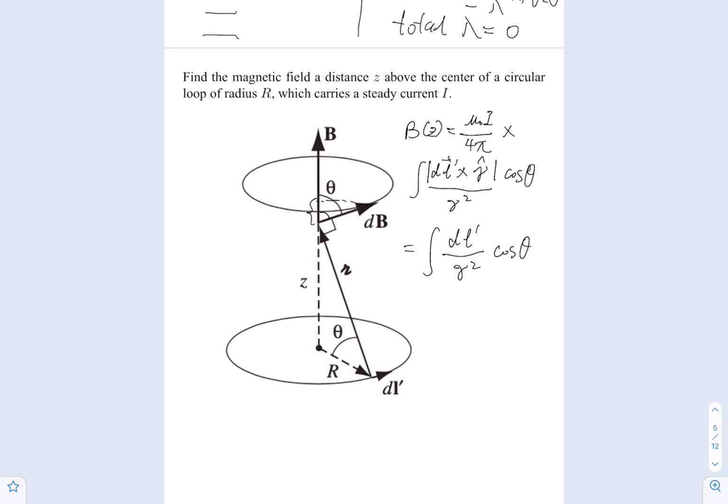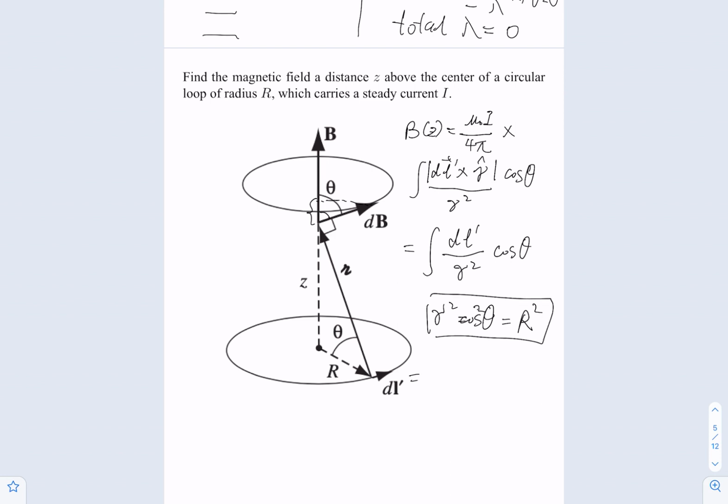And this separation vector is related to this z by cosine theta: the separation squared times cosine theta squared equals r squared.